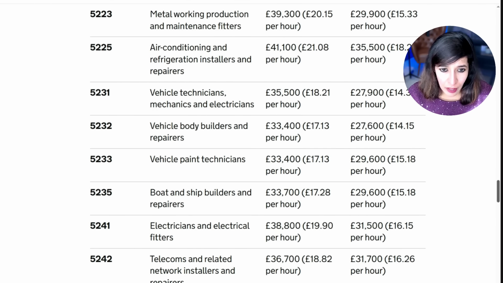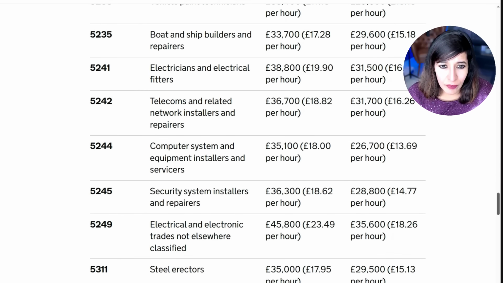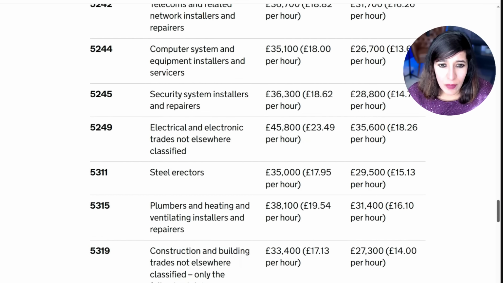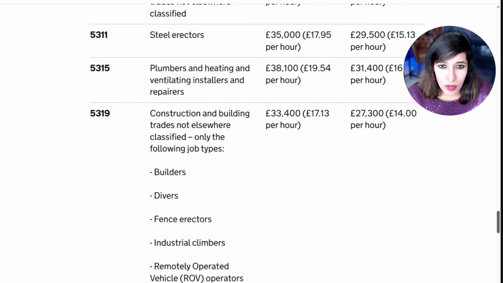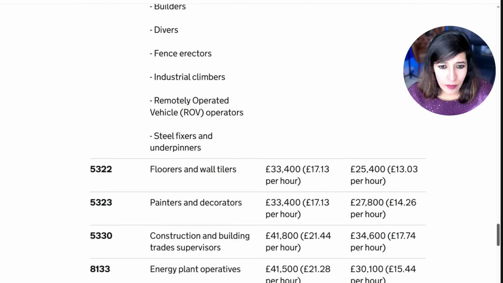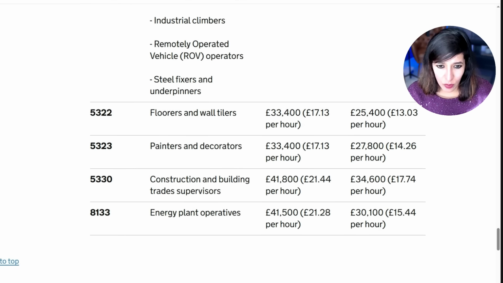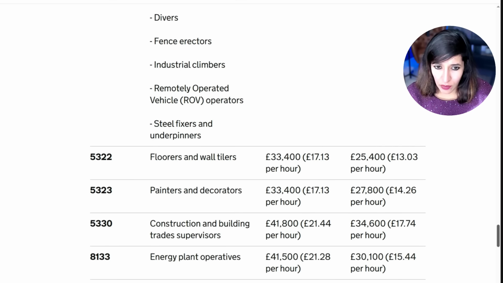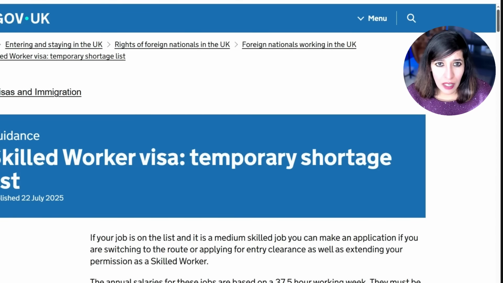So again, this all comes under vehicle, boat and ship builders, computer system equipment and repairs, electrical and electronic trades, steel erectors, plumbers, construction. So everyone in the construction industry, again, construction building trades, which is not elsewhere defined, floorers and wall tilers, painters, decorators, construction and building trade supervisor, energy plant operative. So again, a big list actually for anyone who was looking for a sponsorship job. Okay. So that's the whole list.